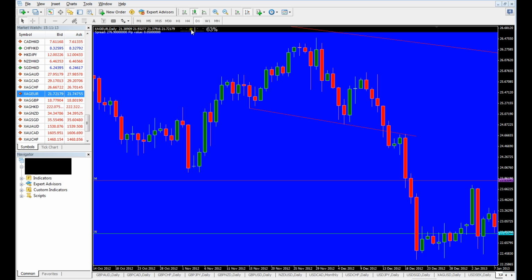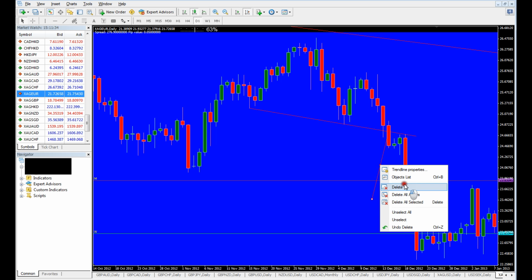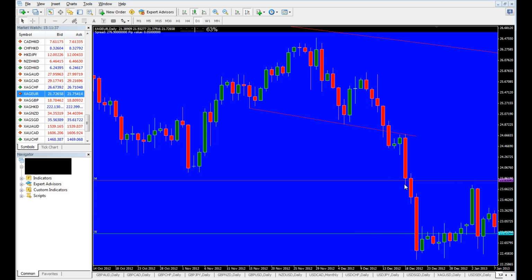The target has been reached before the setup becomes good, because we can draw something like this and plot the target. You see it has been done already, so we cannot really find a nice setup here, because the price basically put up this candle.